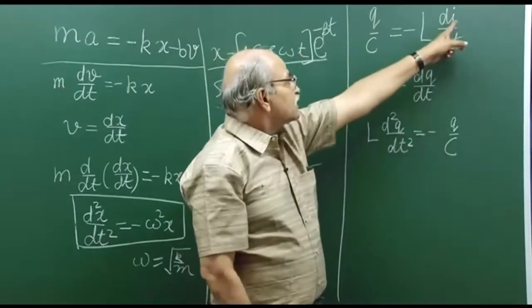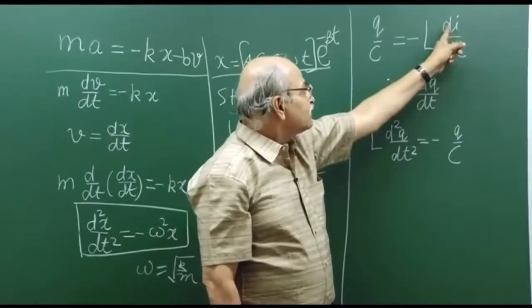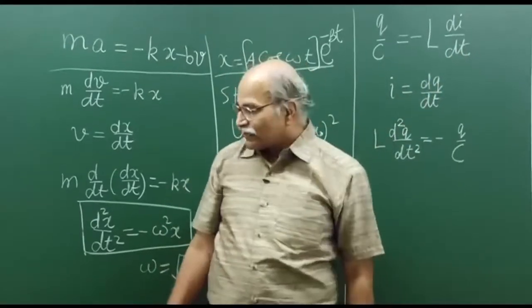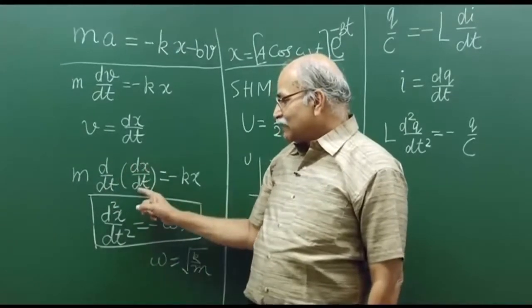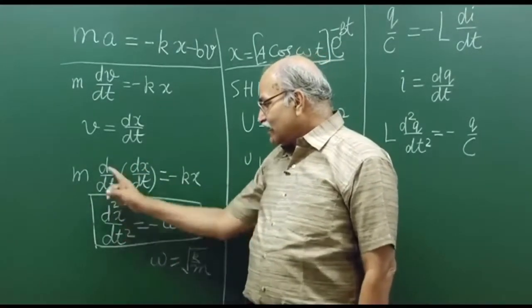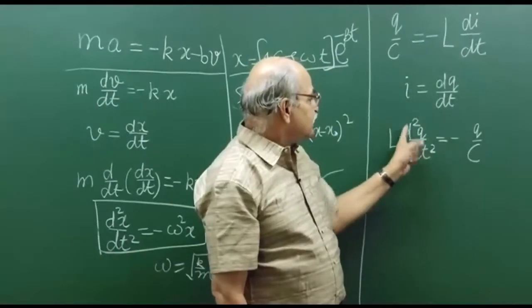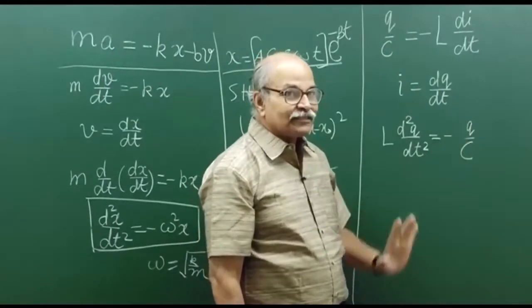So in place of this I am writing dq dt, and when you write it that way, d dt of dq dt, just like d dt of dx dt we write as d2x dt square, similarly here we write d2q dt square, equal to minus q by c.